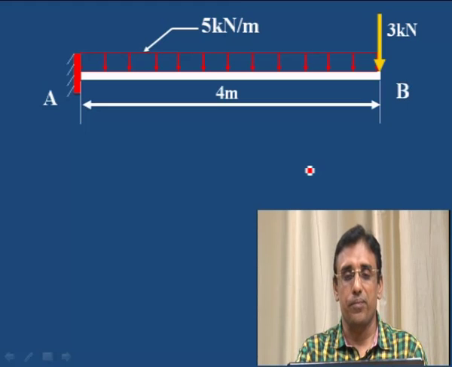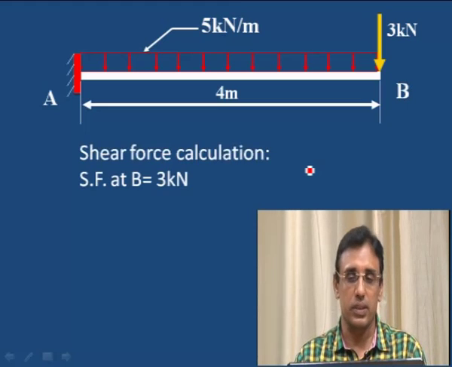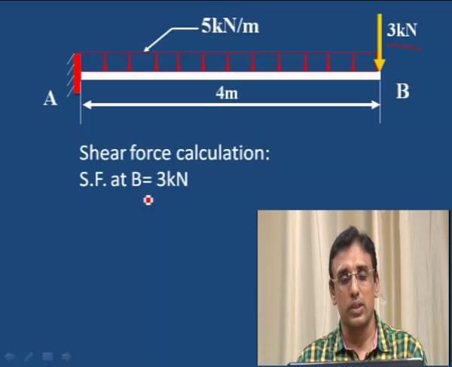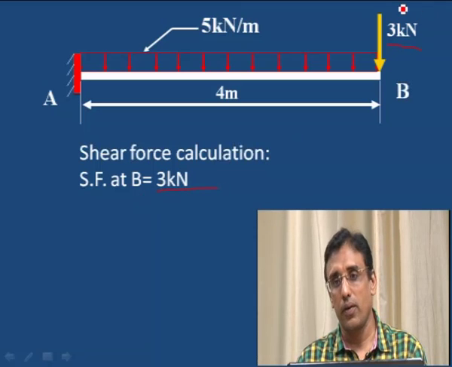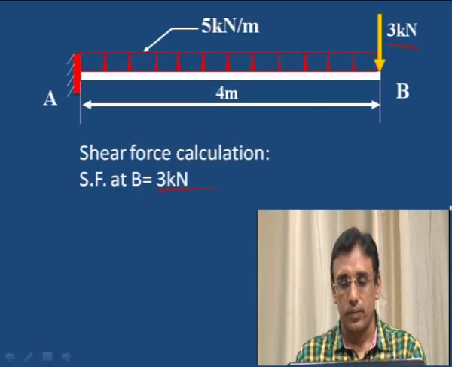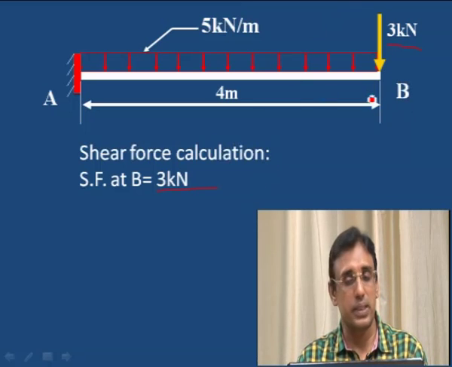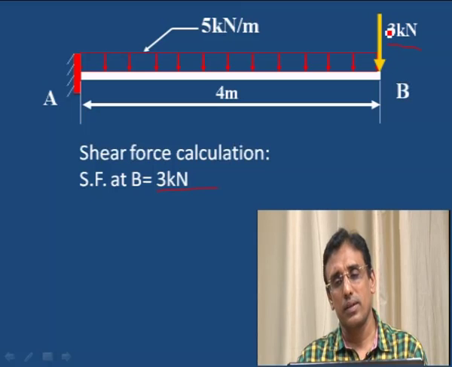Let us see. First, the shear force calculation. As usual, because 3 kilonewton is acting at the free end, the shear force at B will be 3 kilonewton itself. If no point load is there, then the shear force will be 0. Now here a point load is there, and we have to consider that point load for the shear force calculation.